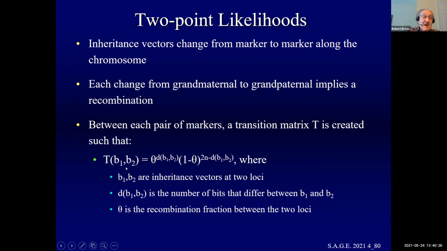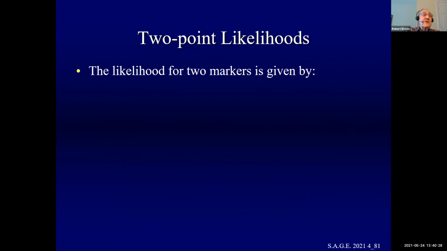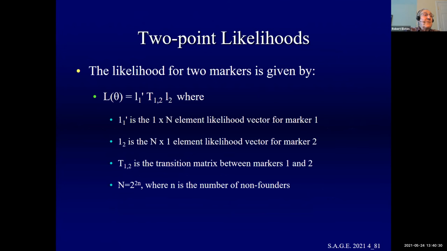All right. So a 2-point likelihood is given by this, which is a quadratic form of this matrix in these vectors. So this is the 1 by N element likelihood vector for marker 1, and this L2 is the N by 1 element likelihood vector for marker 2.